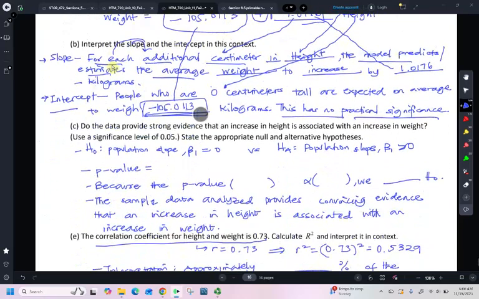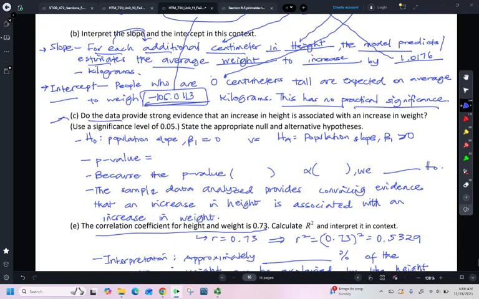Then, do the data provide strong evidence that an increase in height is associated with an increase in weight? This requires us, as we showed in earlier examples, to test the hypothesis regarding the population slope that it is equal to 0 versus not equal to 0.